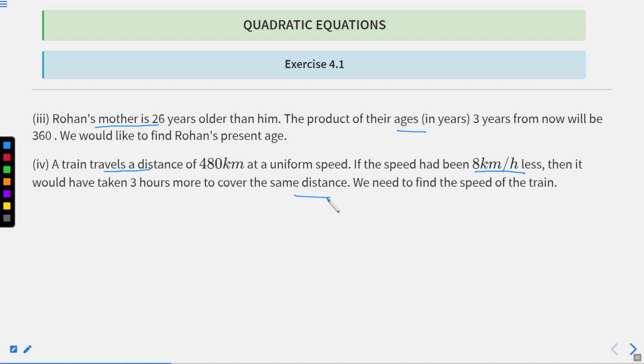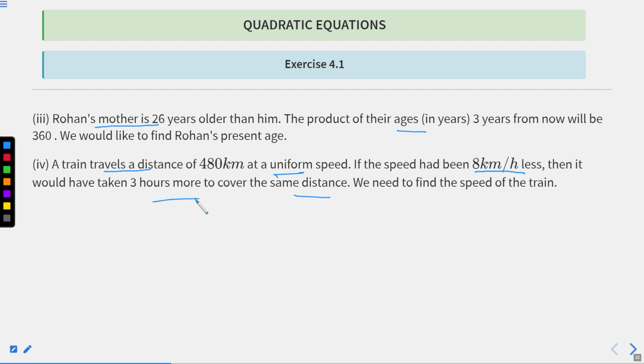Basically, the train travels a distance of 480 km at a uniform speed, and if the speed had been 8 km per hour less, it would have taken 3 hours more to cover the same distance. We have to represent this situation in the form of quadratic equation.